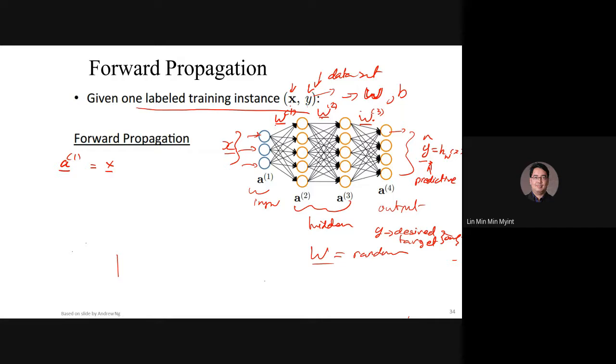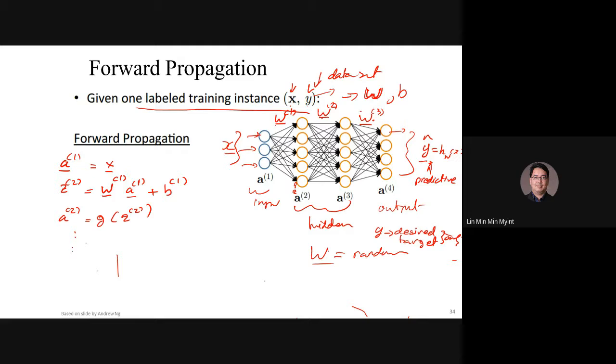It can be just X because this one is just the input layer. After that we can calculate Z2, which is before the activation function in here. It will be equal to W1 A1 plus B1. Then we can calculate this A2, which is passed through the activation function of Z2.